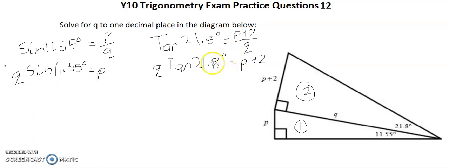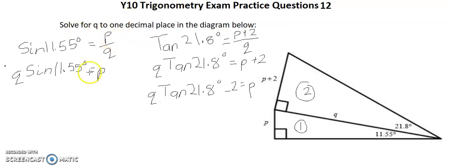Now I want to be able to get 2 onto the opposite side and P by itself. So I need to take away 2 from both sides. If I take away 2, I am left with P by itself. So now I've got P by itself. That gives me my new equation.